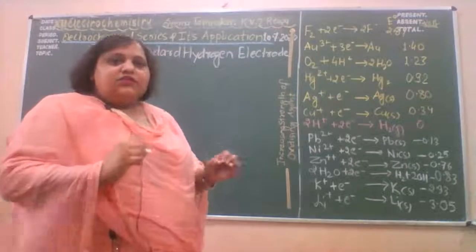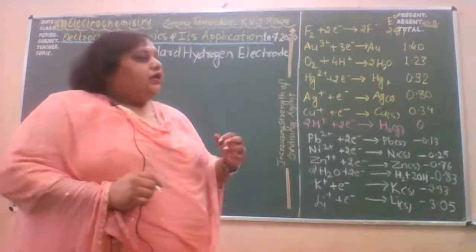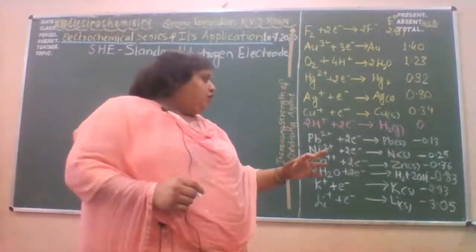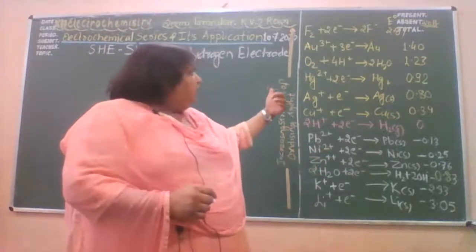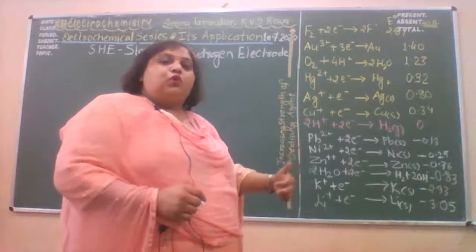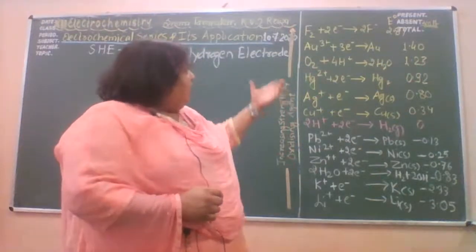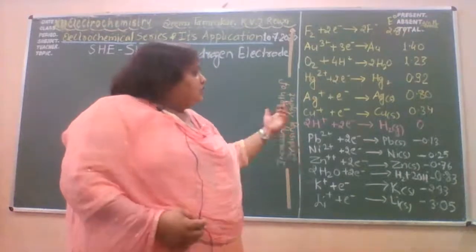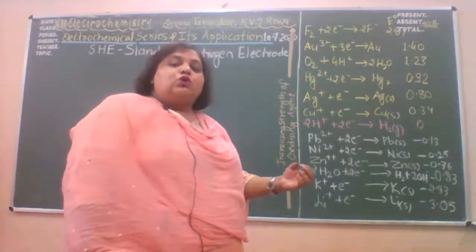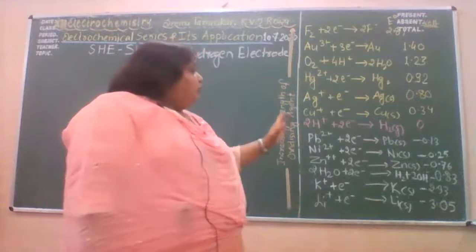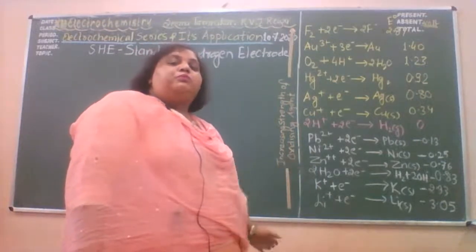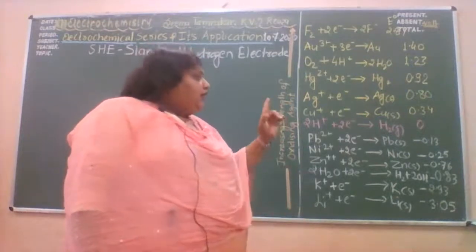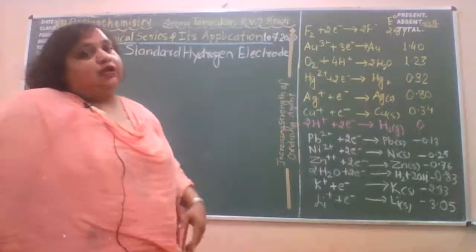Here, one suggestion I want to give you all: in different books, the series is given in different order. Some books start from lithium and finish at fluorine, and vice versa. I have taken this one because in the NCERT book the sequence is given this way. So I suggest you take the reference from the NCERT book and study all the properties in only one direction.